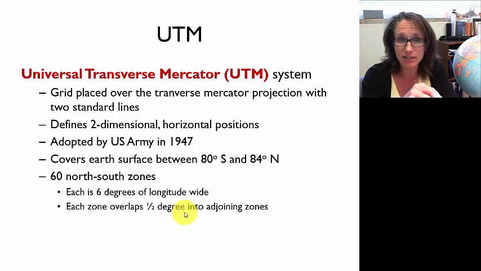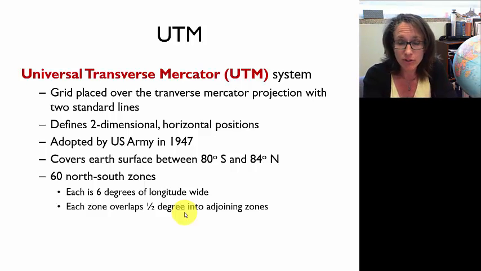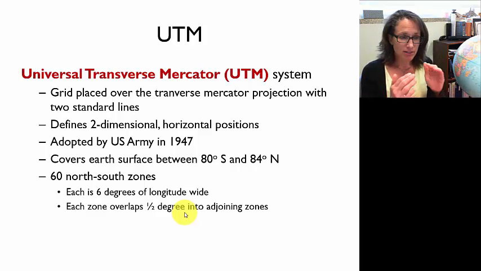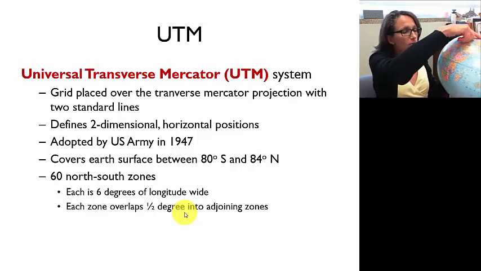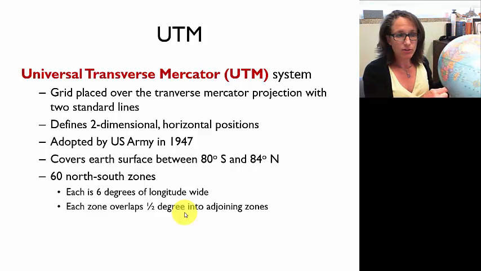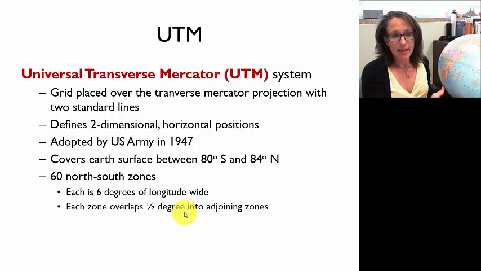When you do your georeferencing in ArcGIS, you'll tell it it's a projected coordinate system, is the Universal Transverse Mercator system, or UTM grid. And so this is a grid placed over the transverse Mercator projection. So remember, a Mercator projection is a cylindrical projection where the cylinder is wrapped around the globe transversely so that the line of tangency corresponds to a meridian, or a line of longitude.